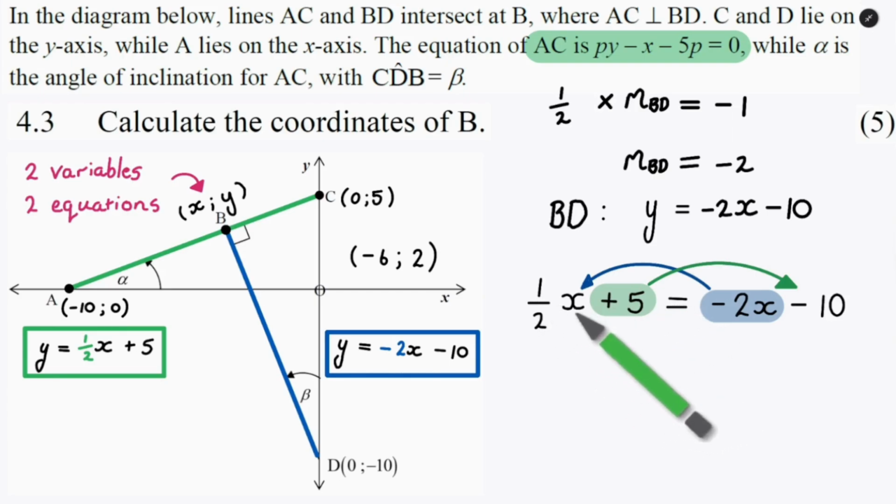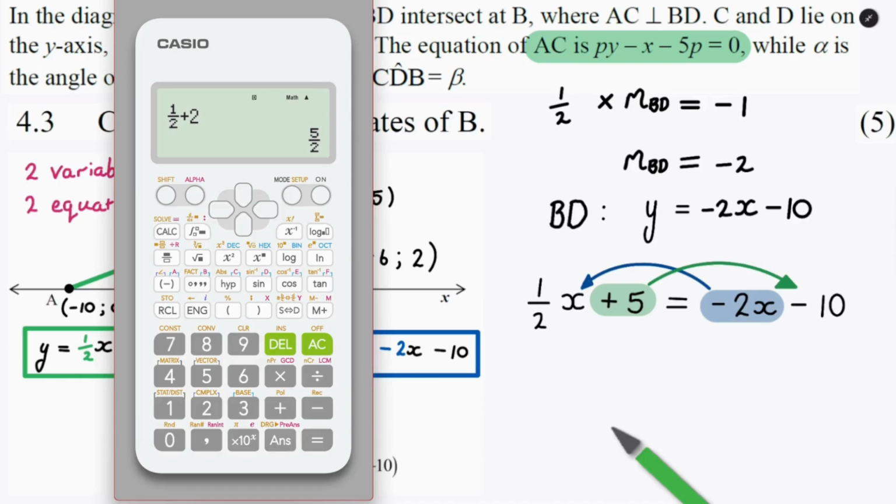So we're going to get a half x plus 2x. I'm going to ask my calculator to help me out there. And you just type it in without the x's. So you can see there, half plus 2 gives me 5 over 2. So on this side of the equation, I'll get 5 over 2x. And if I take this 5 over, it becomes negative 5.